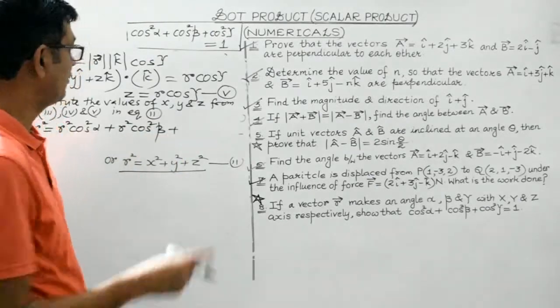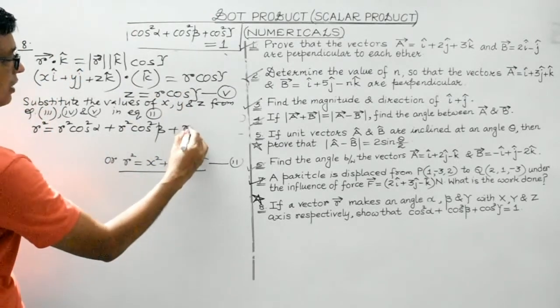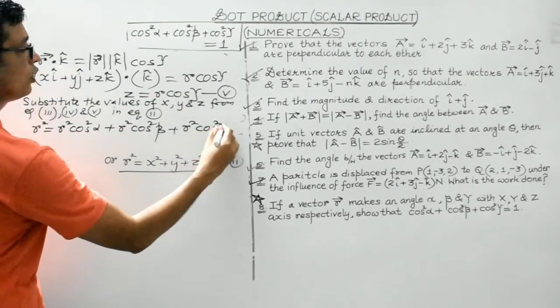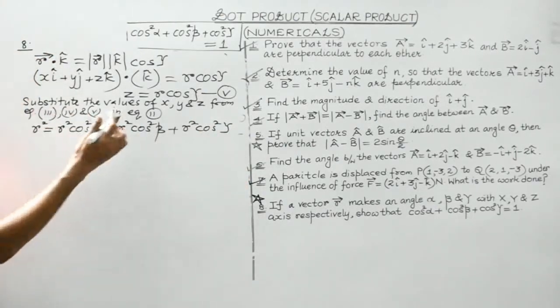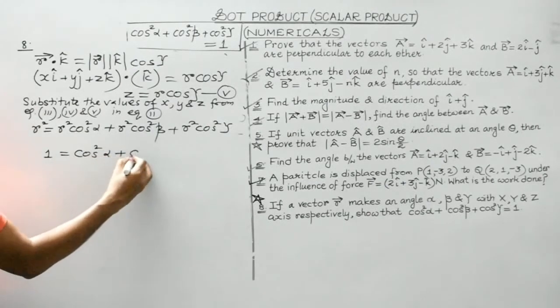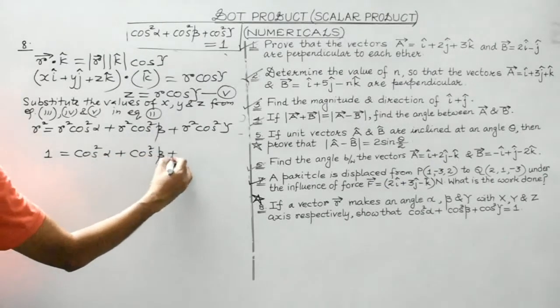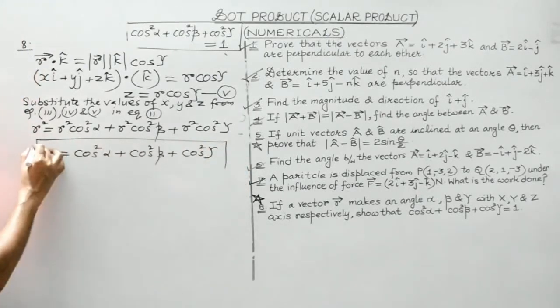And z is equal to r cos gamma, so z square would be r square cos square gamma. So r square is common on both sides. So we have proved that cos square alpha plus cos square beta plus cos square gamma is equal to 1.